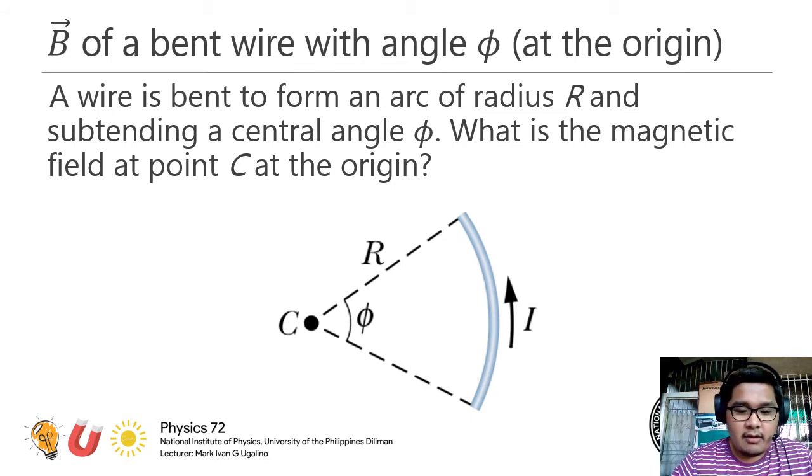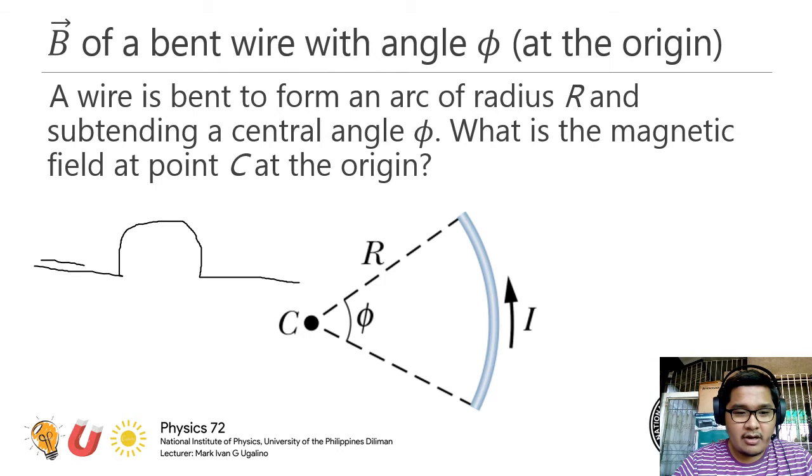What we did a while back is just for circular loops, a closed loop with symmetry arguments. However, there might be questions that look like this: what is the magnetic field due to this current carrying wire?